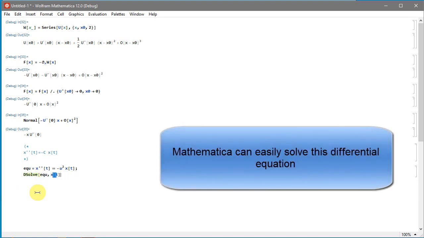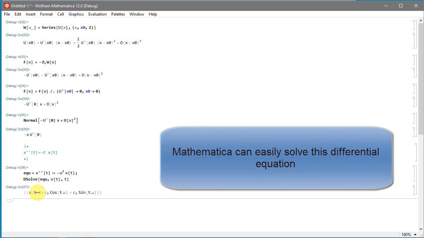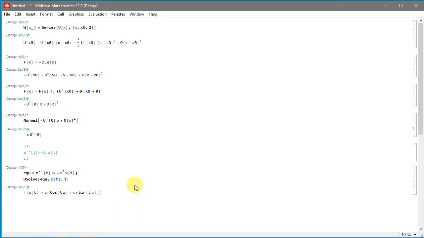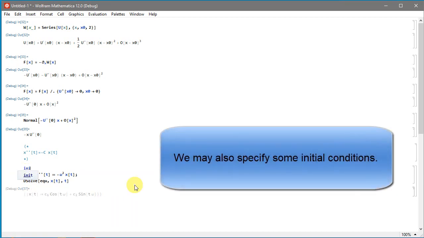Mathematica can easily solve this differential equation. We may also specify some initial conditions.